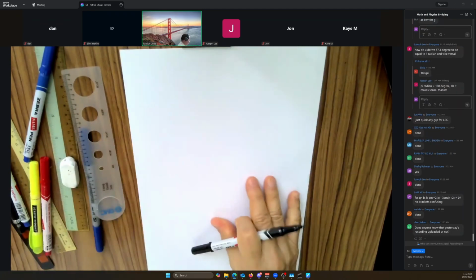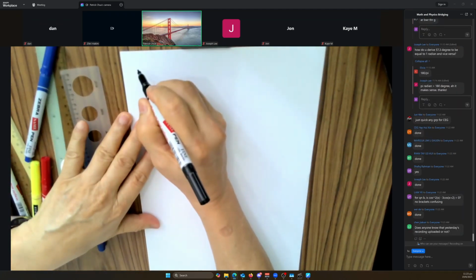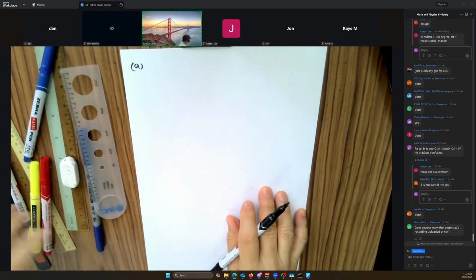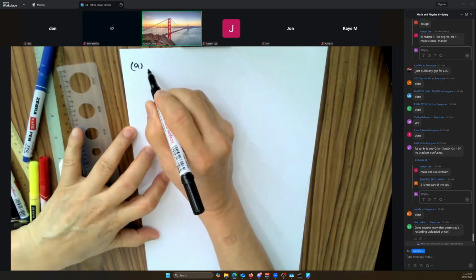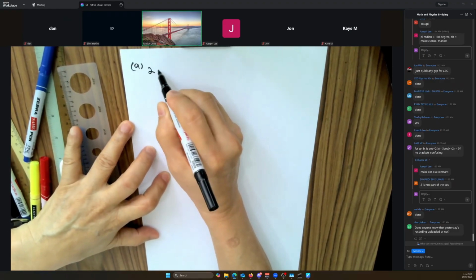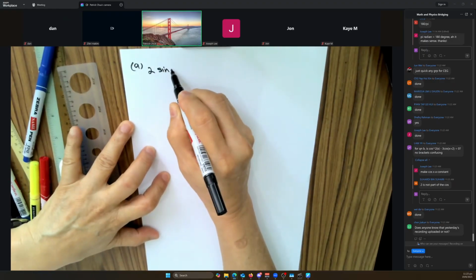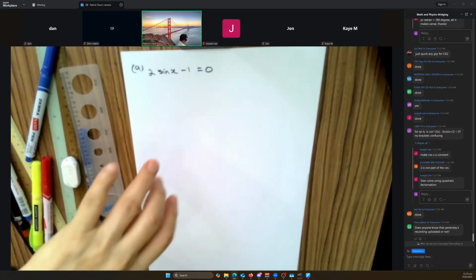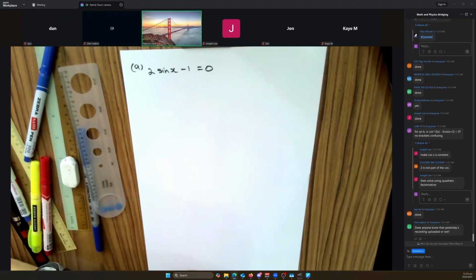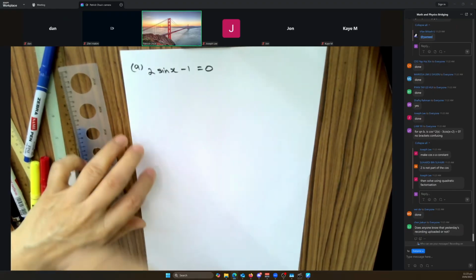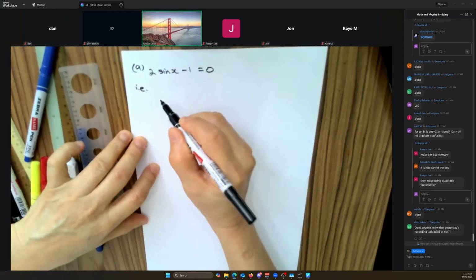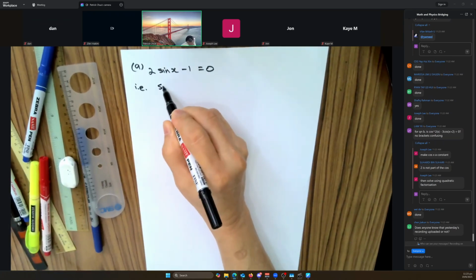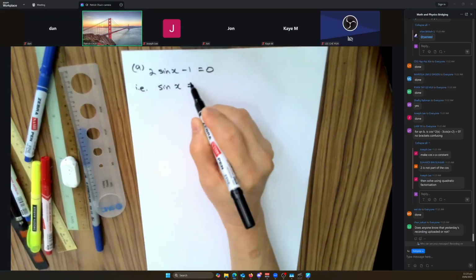All right, let's do A. We have this expression 2 sine x minus 1 equals 0, and we are to solve for x. That is, we have sine x is equal to half.